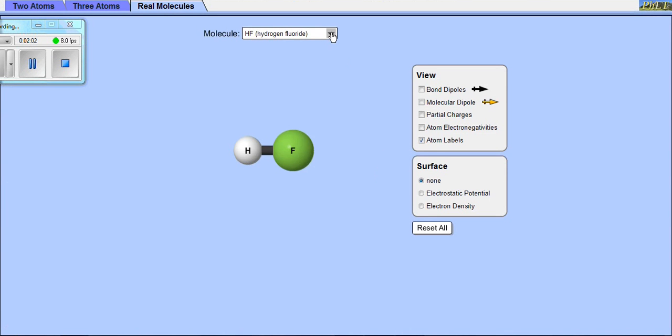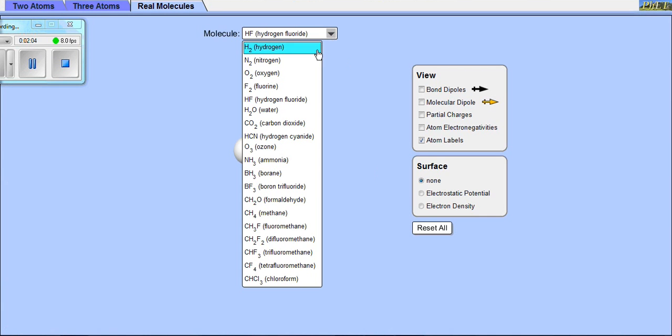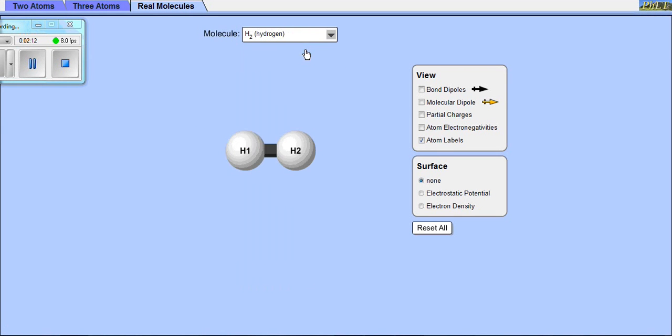So, if we go here, using this Java applet made by PhET, and those are excellent applets which you can look at on the web. If we look at hydrogen, the hydrogen molecule is two hydrogen atoms that are combined in a linear structure.